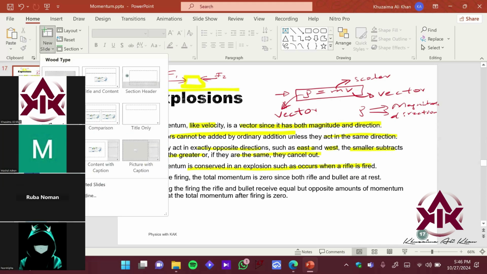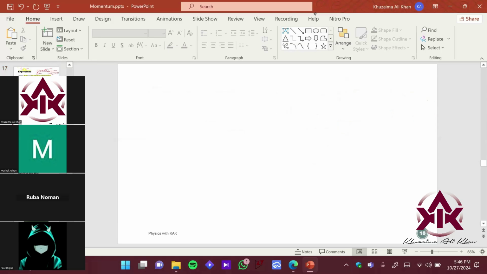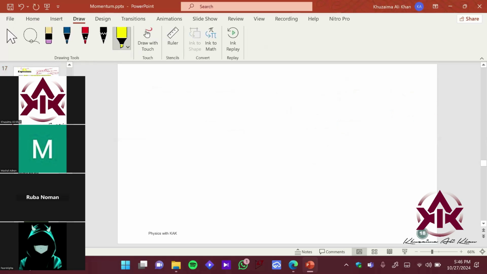Now if I add a blank slide over here, you might have seen fireworks, right? So what happens in a firework? Let's say this is the rocket. Initially it has chemicals stored inside the rocket, right?